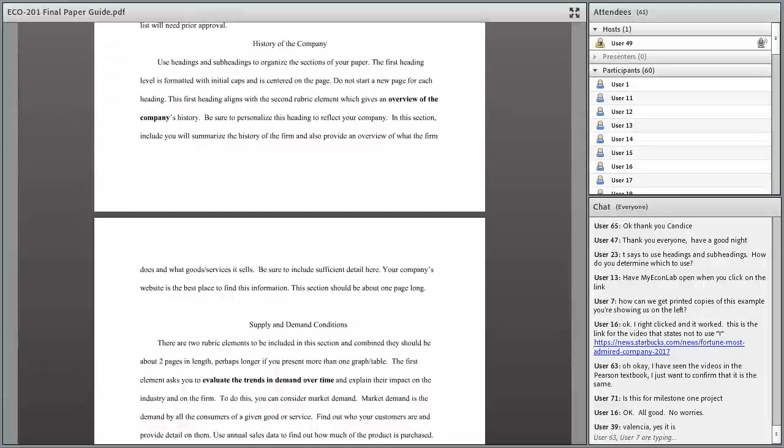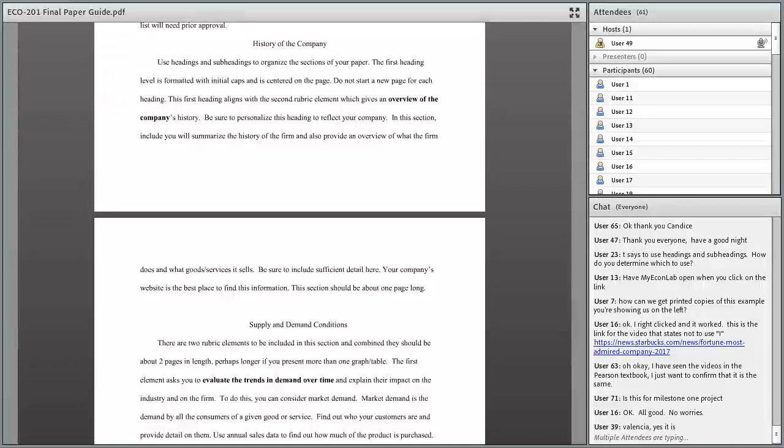Yes, Valencia, this is milestone 1. Milestone 1 is pretty short, so we got over it really fast because all you need to provide is an introduction to the company, and then a history of the company. The history needs to be detailed and comprehensive: when the company was founded, who founded it, what it produces, what kind of goods or services, and a little bit of how it has evolved through the years to be what it is today.